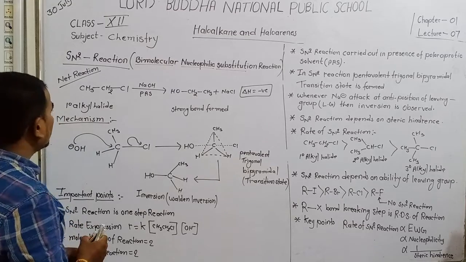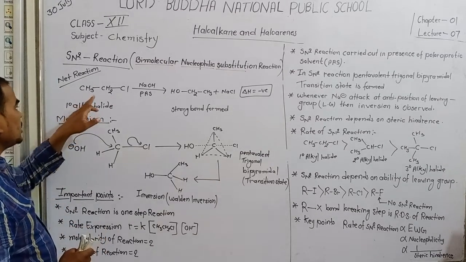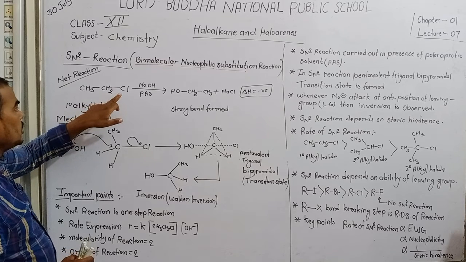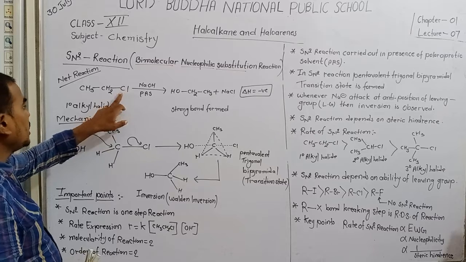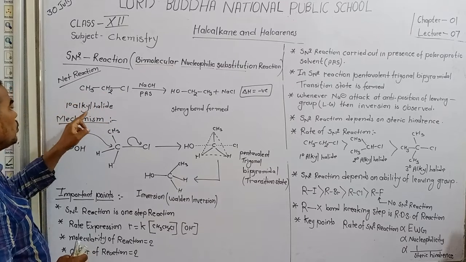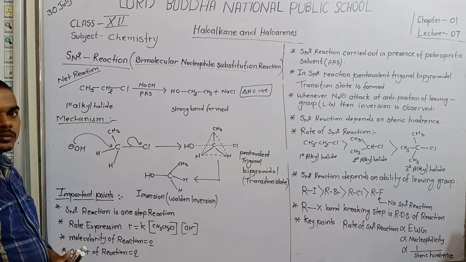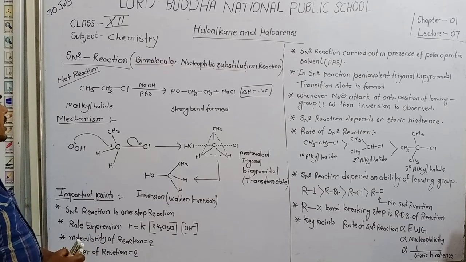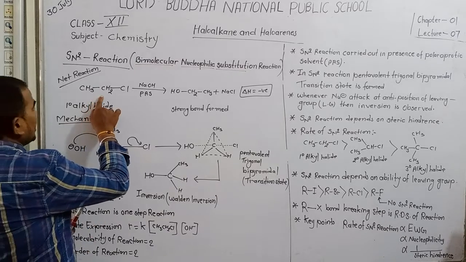In this reaction, CH3CH2Cl, you know that the carbon attached with chlorine is joined with a single carbon, so it is known as a 1 degree alkyl halide.